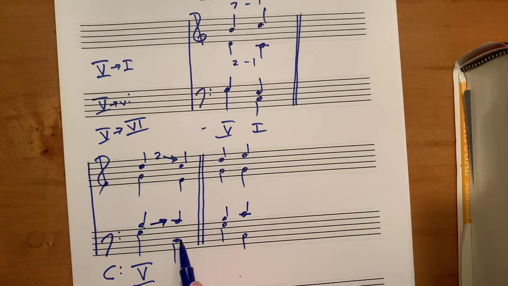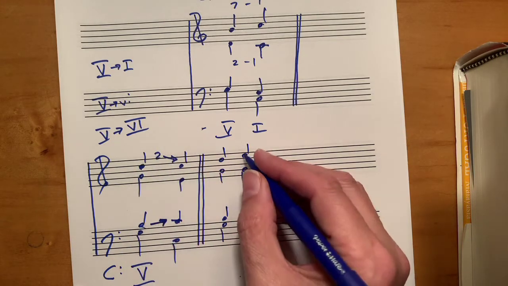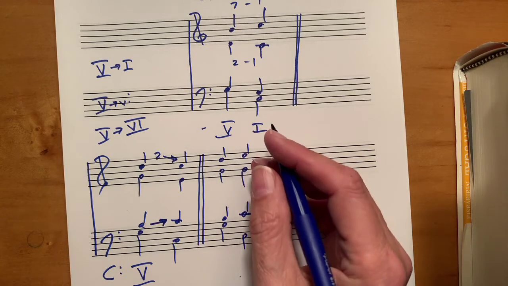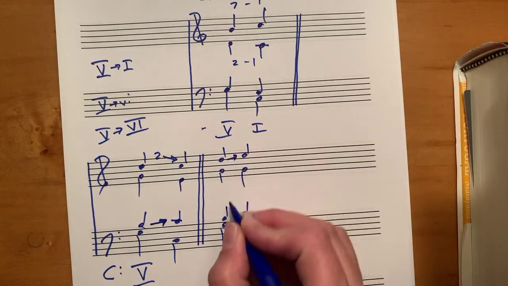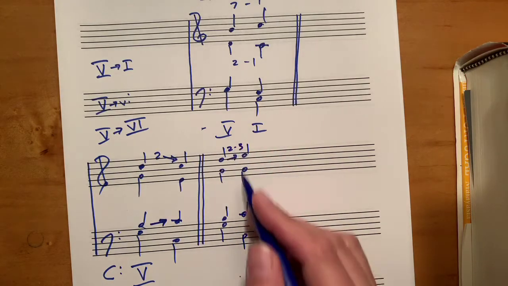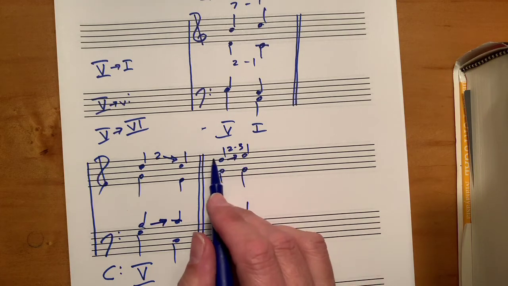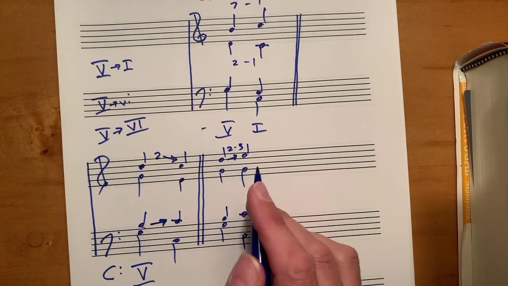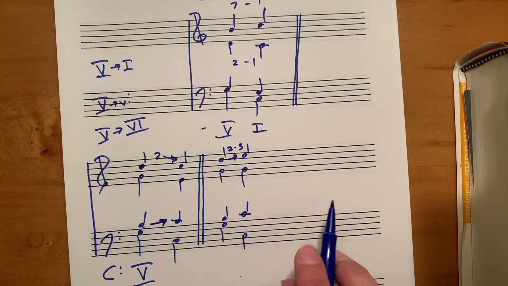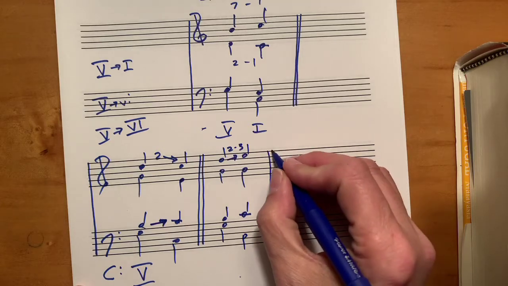You can see that here the D, rather than resolving down to 1, where it kind of wants to go to close out the melody, this goes up to 3. That does give us a full chord, but that's not giving the 2 the closure that it might want to resolve down to tonic. Okay, but that's one way to do that.